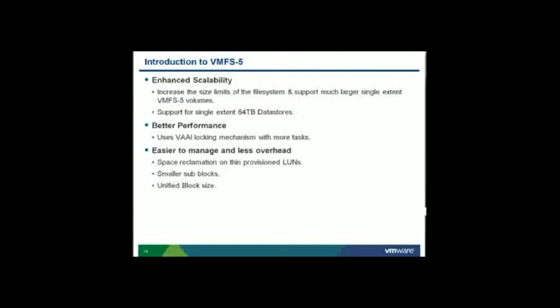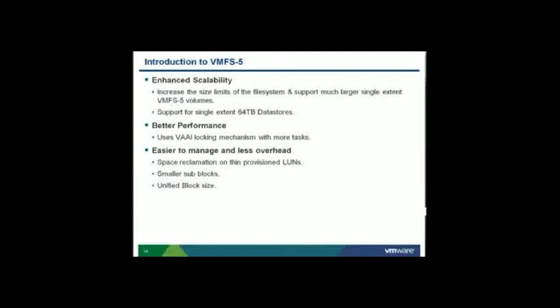So if you have a VM which has a requirement for a very large disk, you can go ahead and present up to a 64 terabyte RDM directly into that VM, allowing for the extremely large disk requirements of your VM. It is worth noting the virtual disk, the VMDK files, are still restricted to 2 terabytes in size.